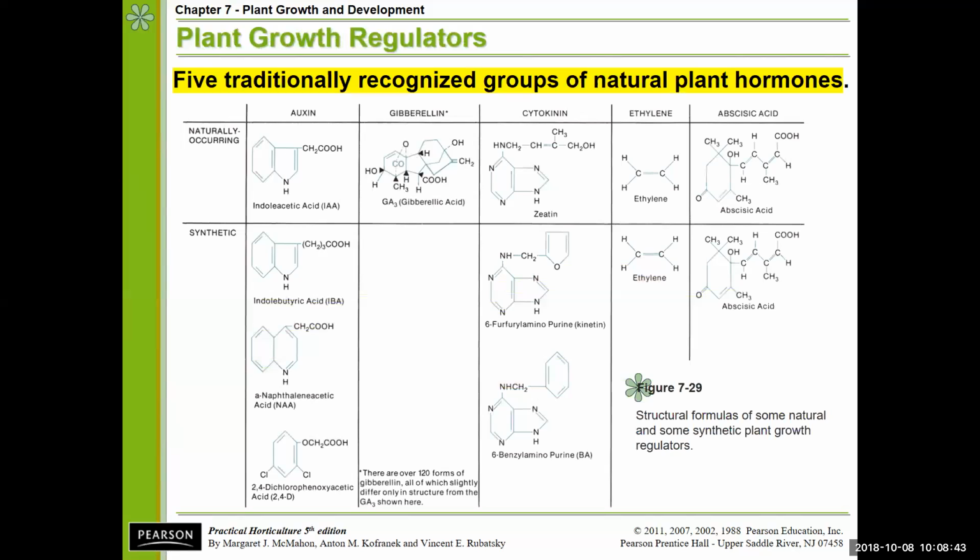These are the ones that were historically recognized, and we have naturally occurring forms of them in many plants. For instance, if we look at the auxin, this indole acetic acid is naturally found in the buds of willows. So if you take willow branches, for instance, and you put them in water, then they naturally will exude this indole acetic acid, which is this form of auxin that triggers rooting in plants.